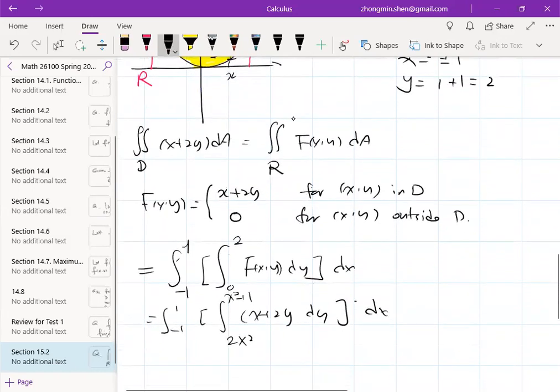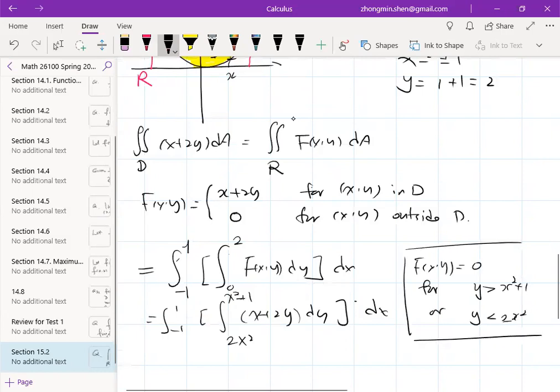Can you see that? Because the capital F is going to be 0 for y greater than x squared plus 1 or y less than 2x squared. So that's why you don't need to worry about the 0 part. Just focus on the interval from 2x squared to x squared plus 1.